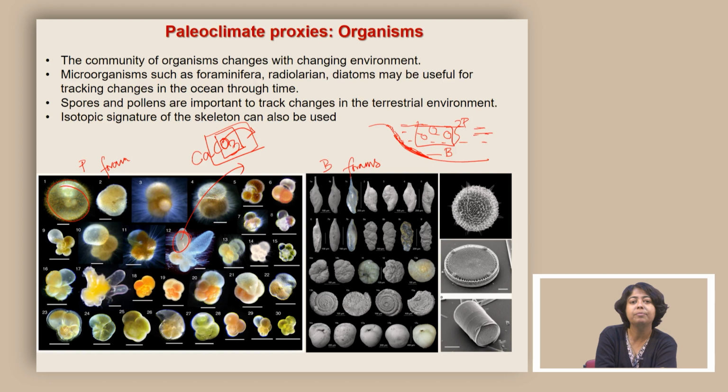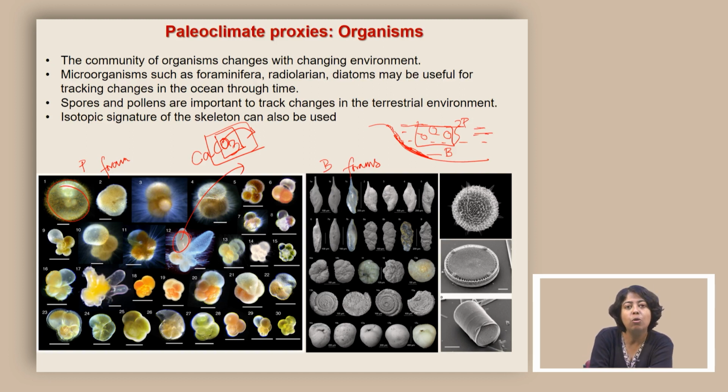As a result, even if you are not looking at their isotopic composition, just by looking at which species are there in a particular rock record, it is going to tell you something about the overall pattern of the ocean water condition. So, that often is quite useful to know about the ocean water conditions of the past.